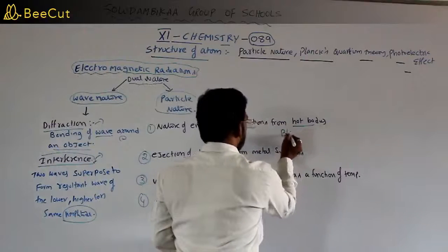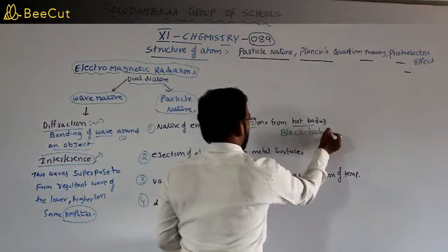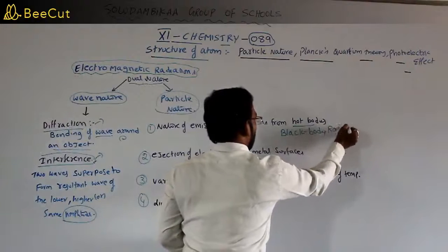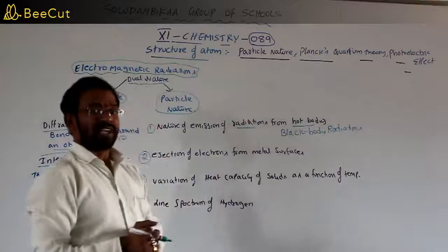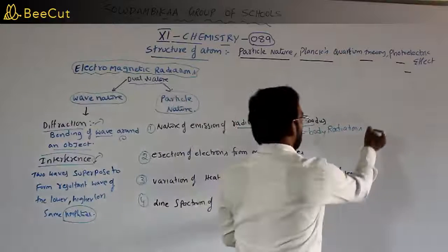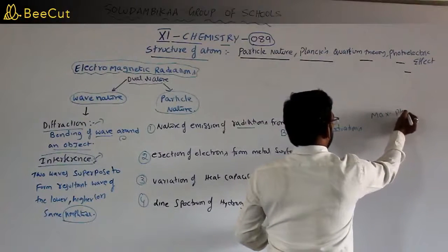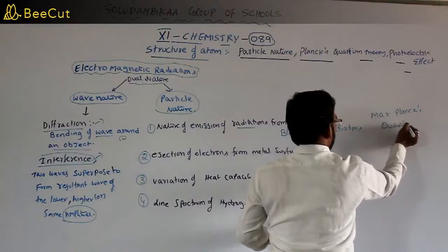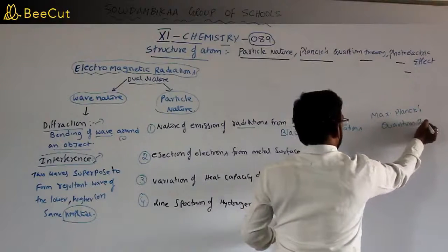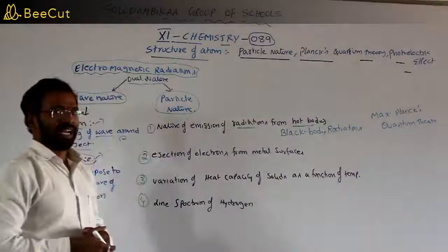While explaining black body radiations, the photon's energy was discovered by Max Planck's quantum theory. These two are explained in particle nature, we can write.